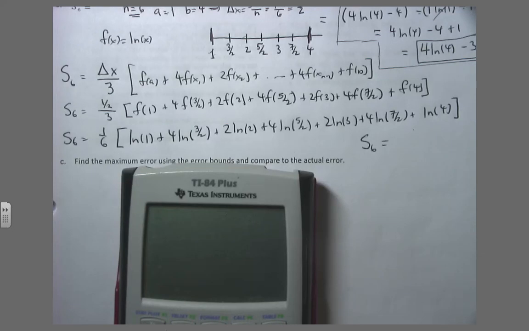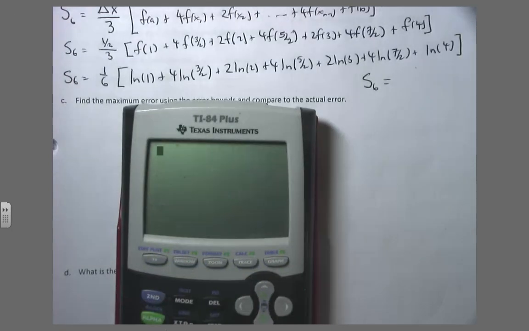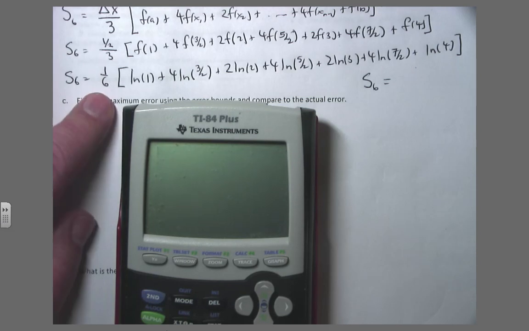Right here is where most people are going to mess this problem up: the inability to actually plug stuff into their calculator correctly. One false move, parentheses in the wrong spot, whatever, and you're going to mess this up. So I'm going to show you something. I'm first going to put on the calculator parentheses, 1/6 times another parentheses, and here we go.